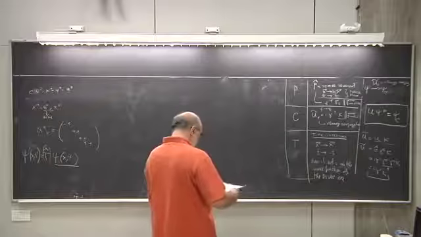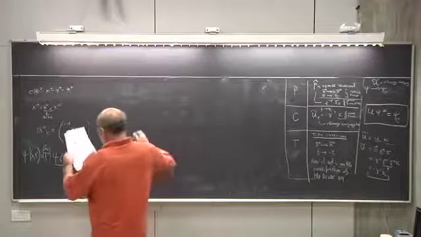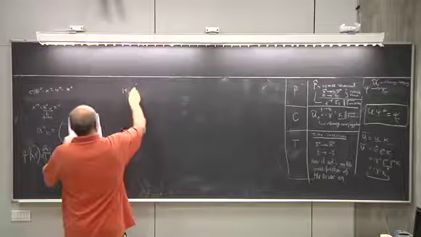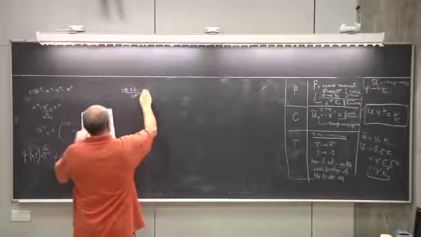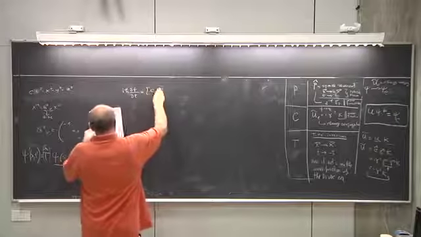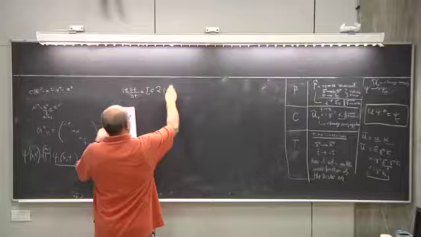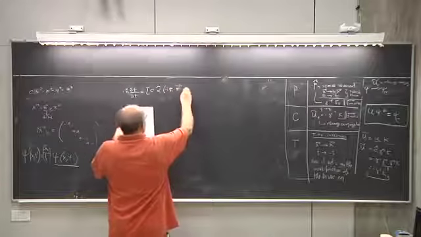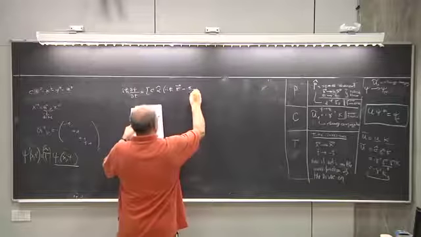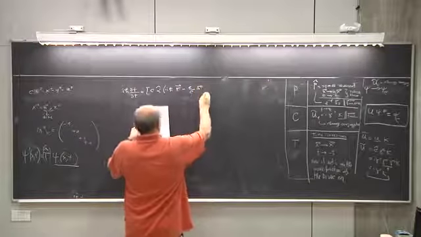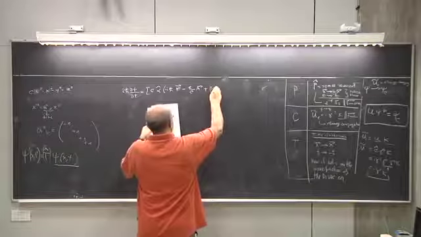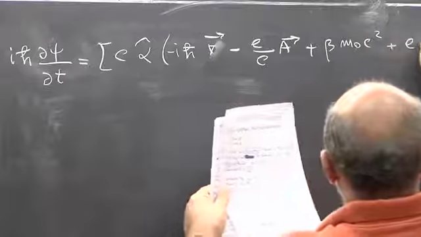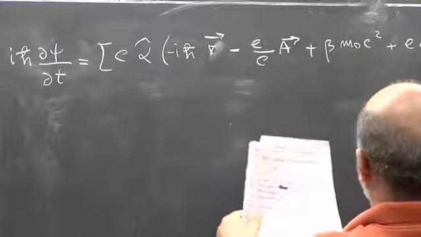Okay. Now, let's start again with the Schrödinger equation. We have, with the Dirac equation, let's write in this manner. And let's do the more complete one, where there is an interaction with the electromagnetic field, with a scalar potential A0 and a vector potential.